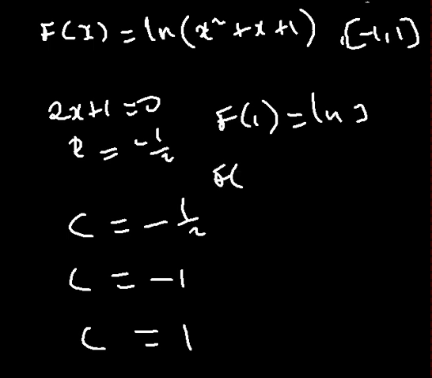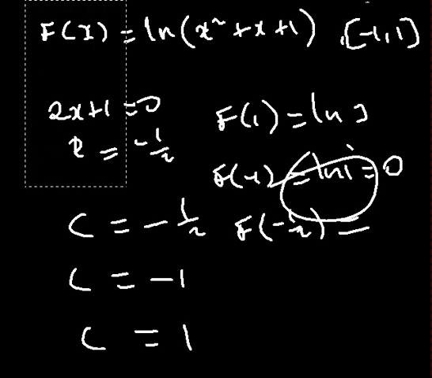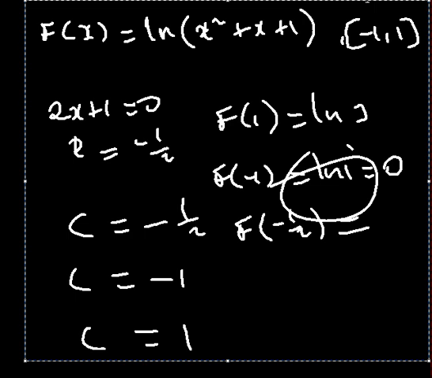And f of negative 1 is ln of 1 minus 1 plus 1, which is ln 1, the same as 0. And what is f of negative half? Also do the same and check which one is the best. So try to get that now.